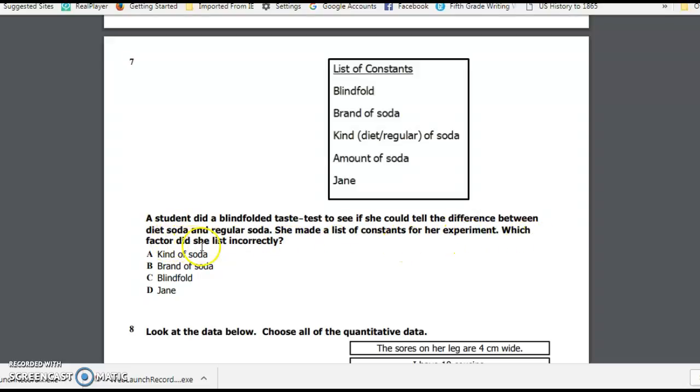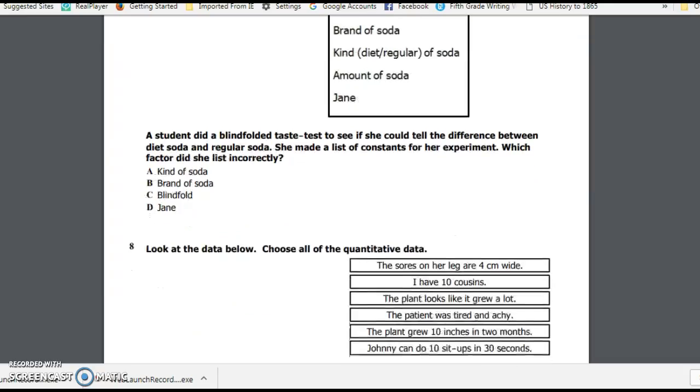Which factor did she list incorrectly? So using our list, which one did she list incorrectly? Because she made a list of constants. A, kind of soda. B, brand of soda. C, blindfold. D, Jane. Mark it on your loose leaf.